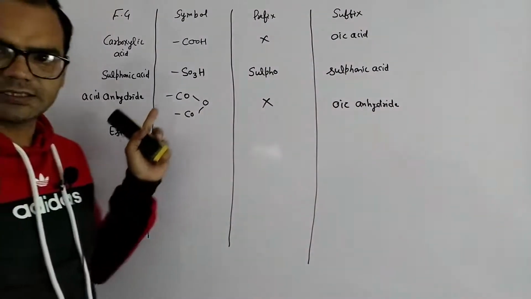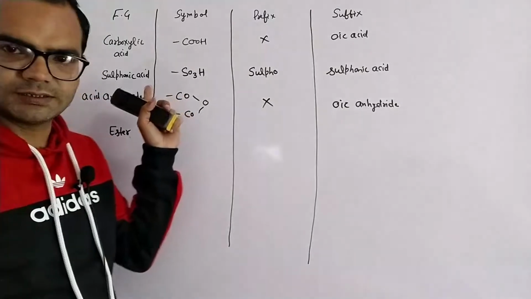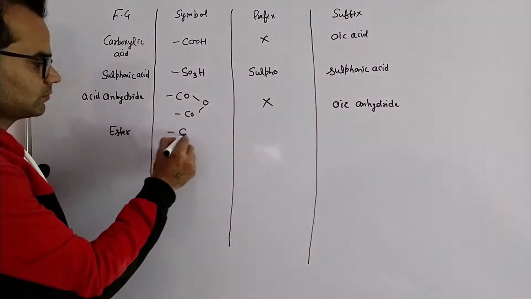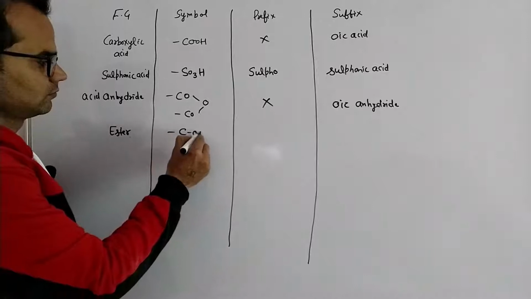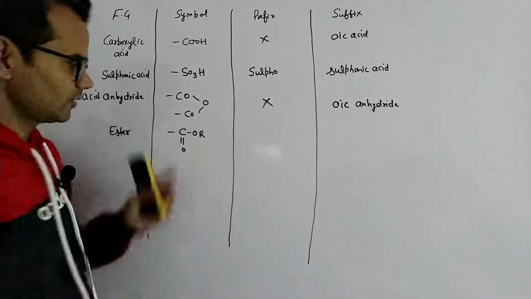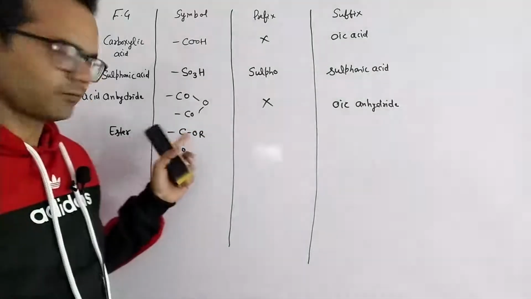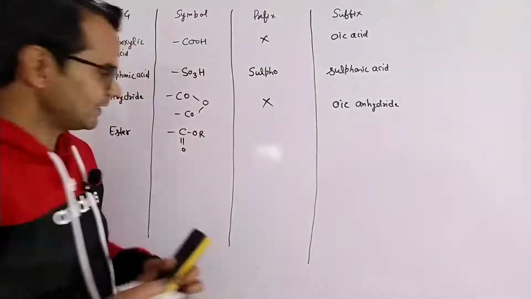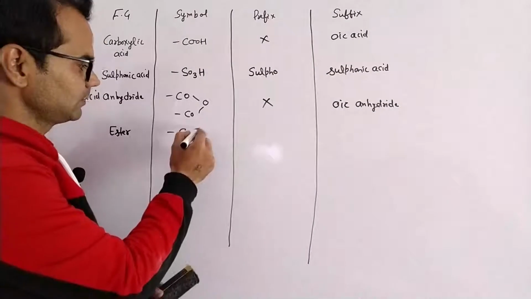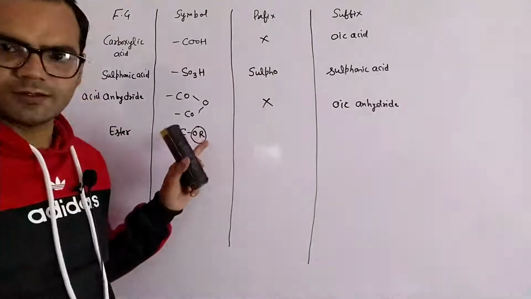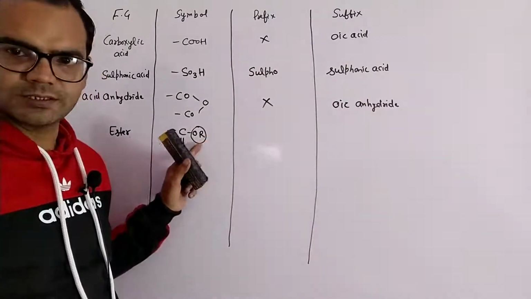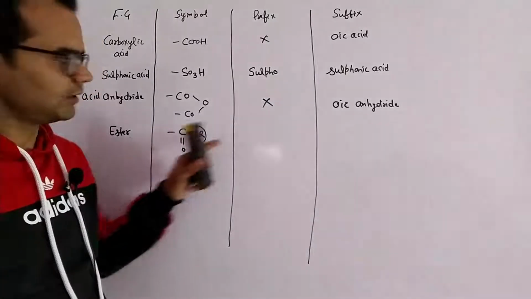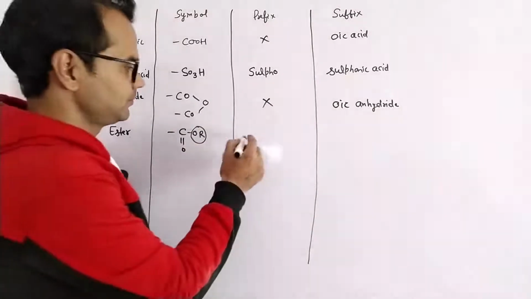ester. Again, it is a derivative of carboxylic acid. Its symbol is C double bond O OR. When it is used as a prefix, it will be alkoxy carbonyl: alkoxy is alkyl plus oxygen, and this is carbonyl.